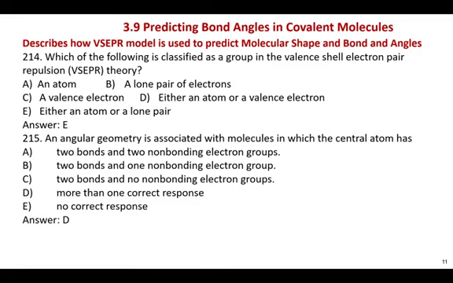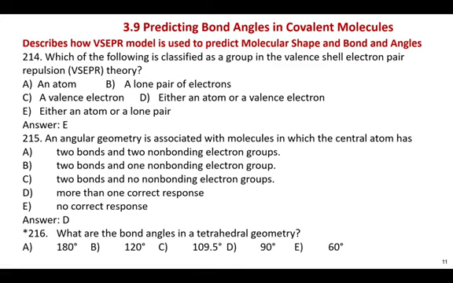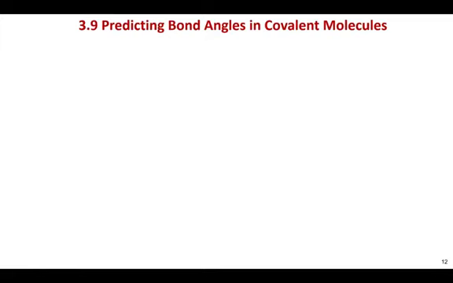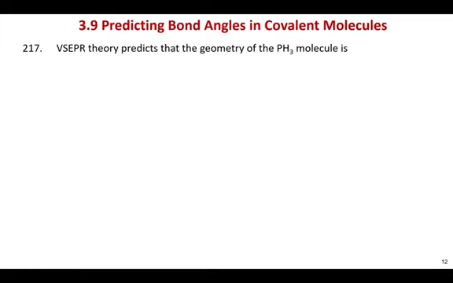What are the bond angles in tetrahedral geometry? You can answer this question. Tetrahedral is 109. Remember, methane has a perfect tetrahedron, 109. It is C. VSEPR theory predicts that the geometry of PH3 is: nitrogen is NH3, PH3 is in the same group, therefore same Lewis structure.